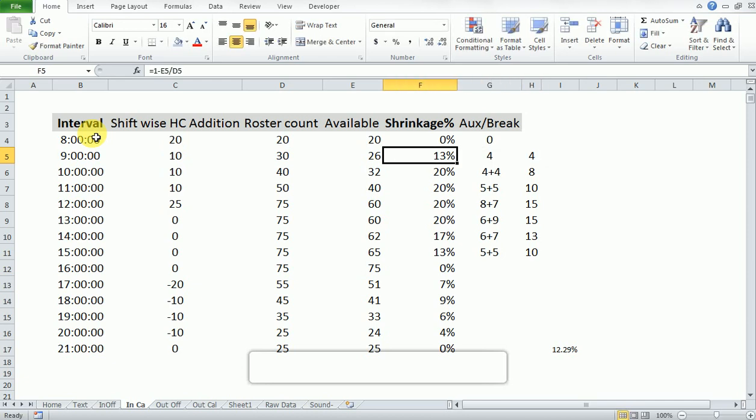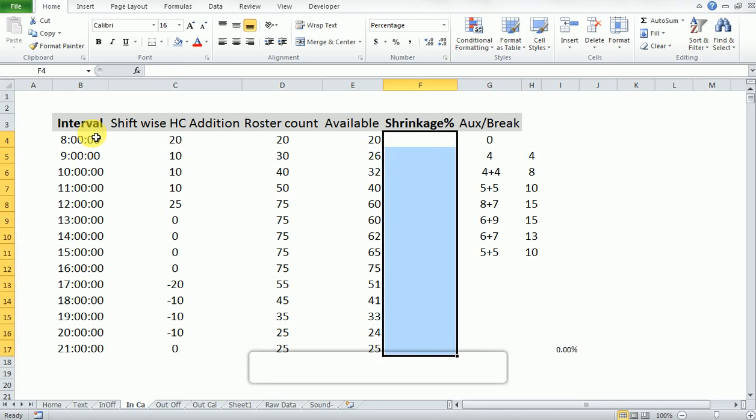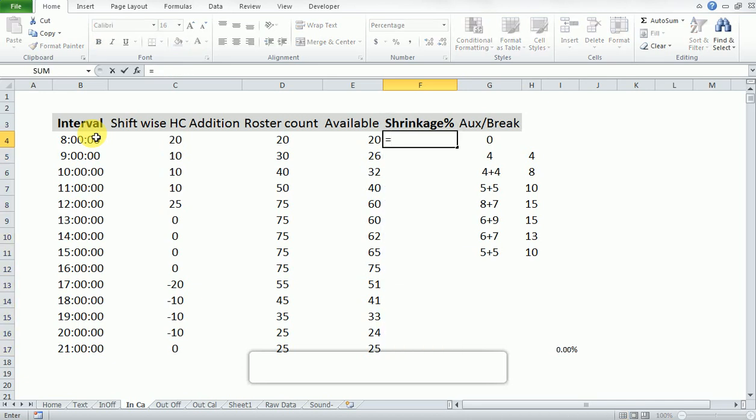So now what is the shrinkage calculation? I am deleting this and again mentioning the formula in front of you for shrinkage. It is 1 minus the available count, the people who are ready to work, divided by the roster count. You can see the shrinkage.